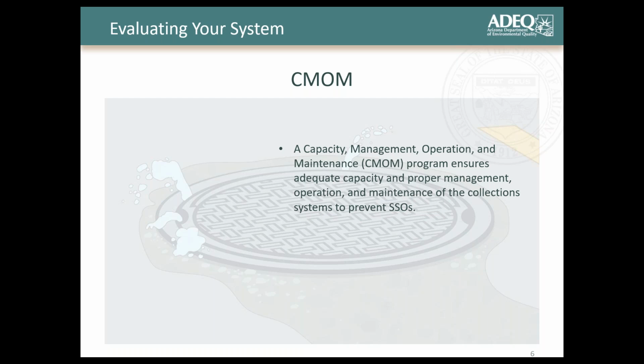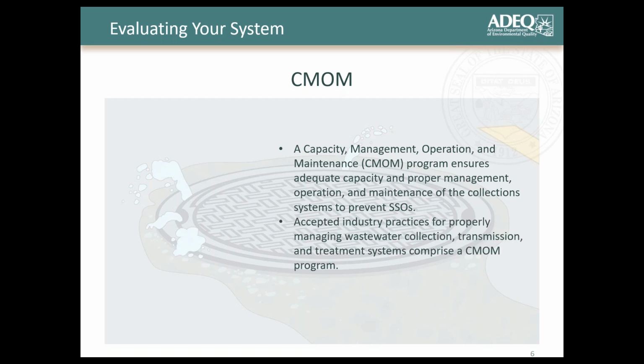CMOM, or a capacity management operation and maintenance program, ensures adequate capacity and proper management of the operation and maintenance of the collection systems to prevent SSOs. So what a CMOM is doing is helping you prevent these issues. It's a management approach to prevent any issues in your sewer collection system, right?